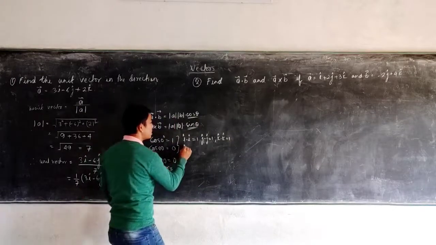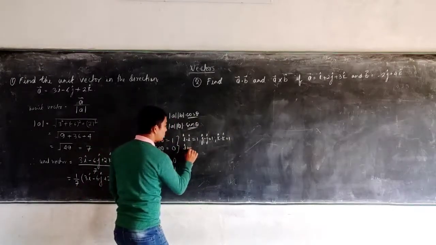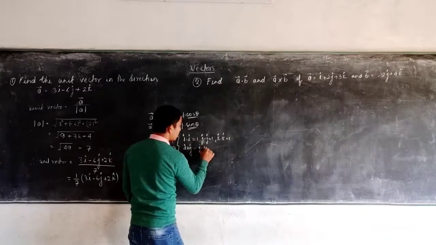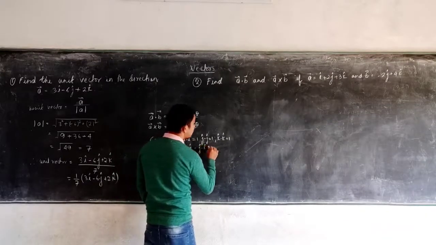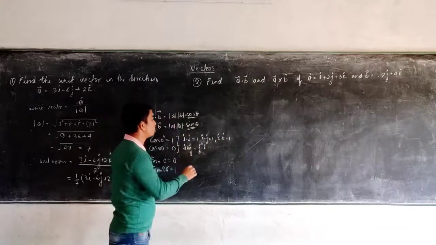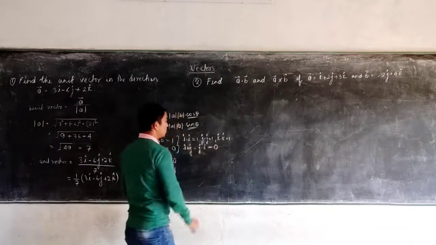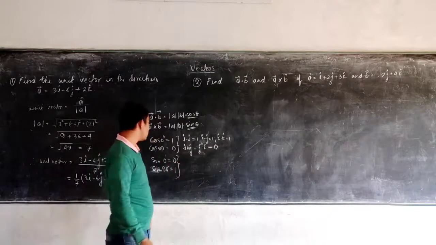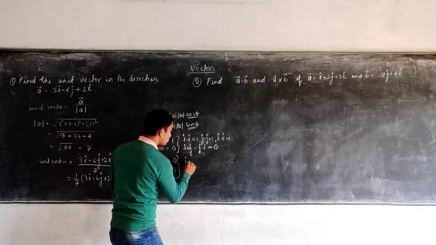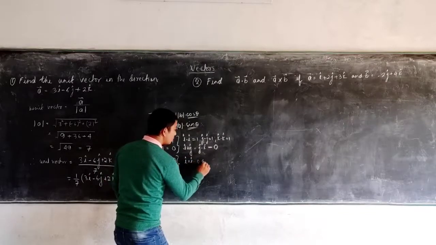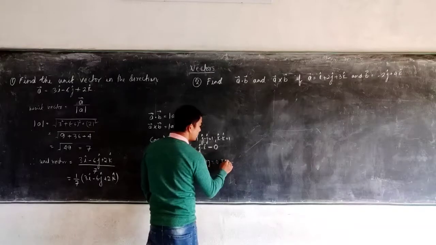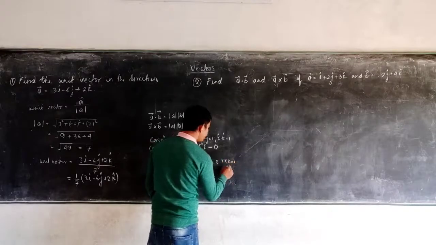That means if I take i dot j or j dot k, or any two different vectors, if you find the dot product, it will give me 0. But the case is different in the case of a cross product. In a cross product, i cross i is equal to 0, j cross j is equal to 0, and k cross k will give me 0.